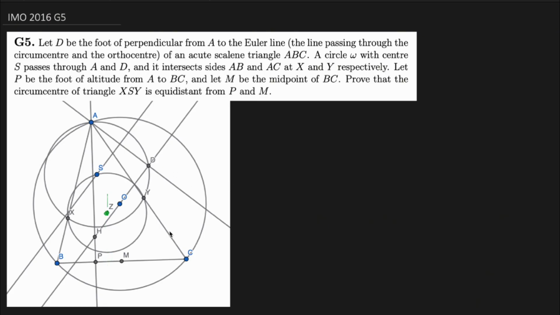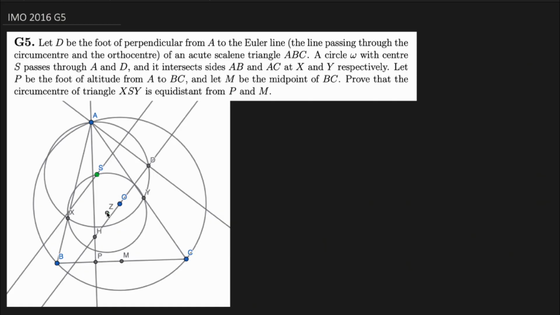For example, if we perform a ×2 homothety centered at A here, the point S is originally a random point on the perpendicular bisector of AD, but now this line will map to the Euler line, and so instead S will just be a random point on the Euler line, which is a lot easier for us to handle.